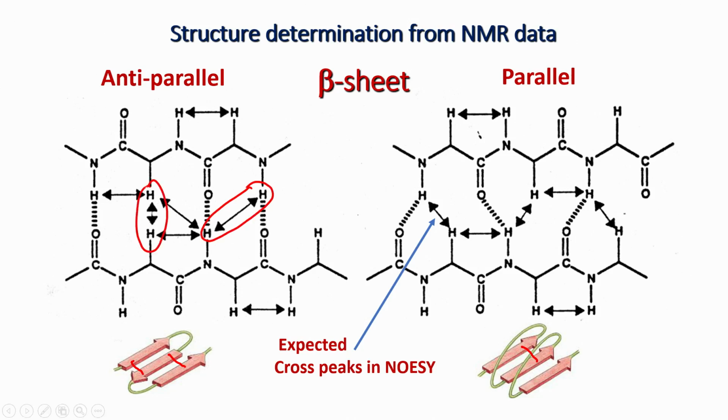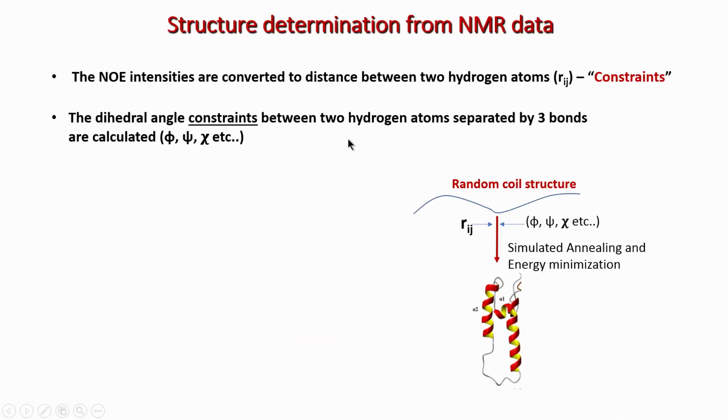This is also very characteristic of beta sheet. If you see the H alpha proton of one amino acid giving a cross peak or a correlation to the H alpha of another amino acid, immediately you can conclude that there is a beta strand in that region. So, these are the types of signatures which we get for beta sheet.